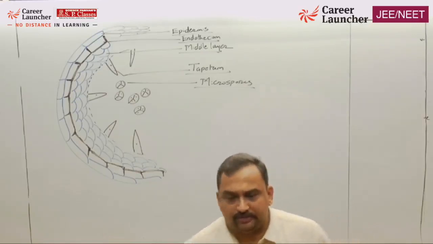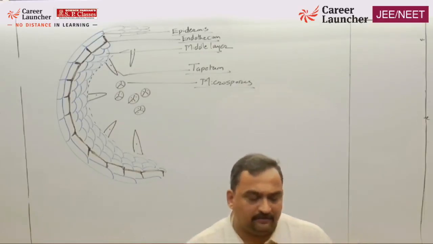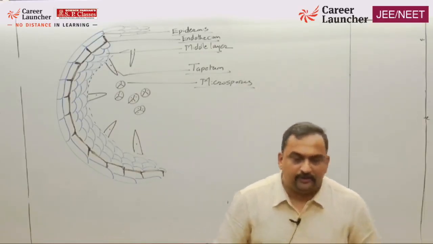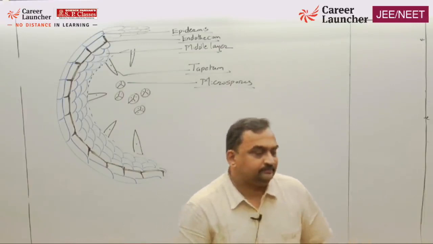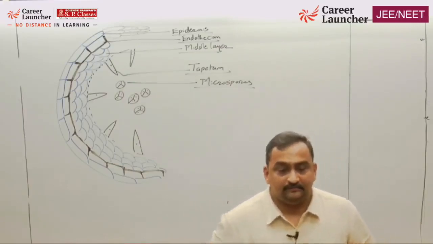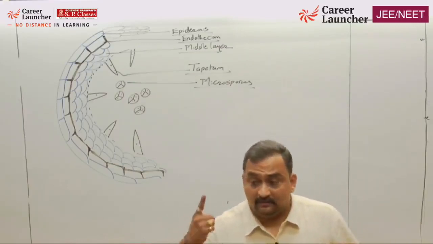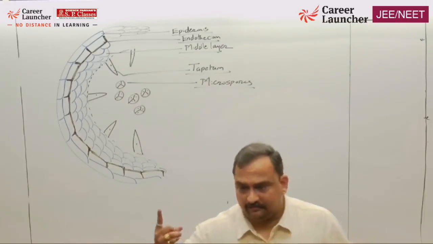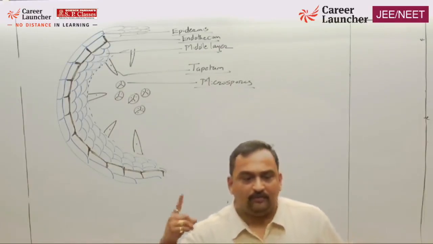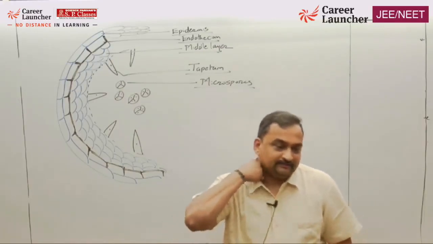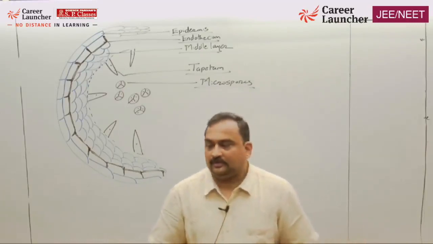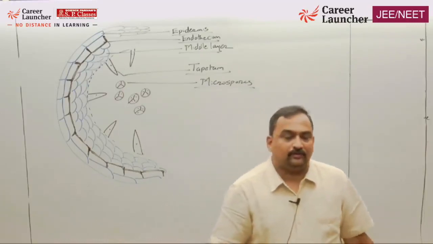Second, endothelium. Write it leaving one line if possible. How many layers? Tell me. One common layer for all microsporangia. A single common layer for all microsporangia.